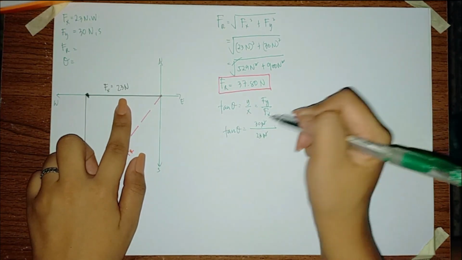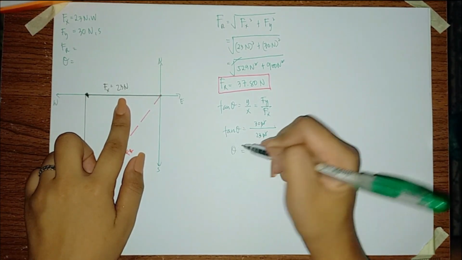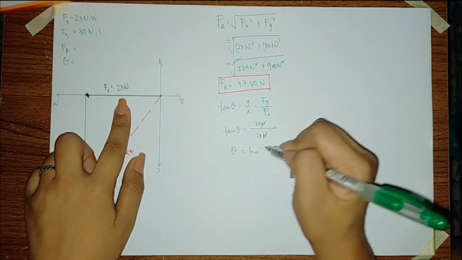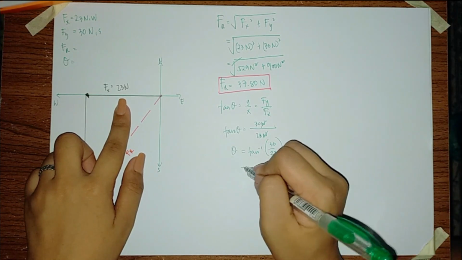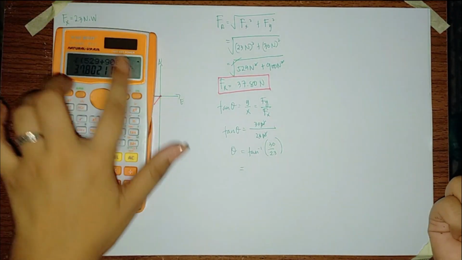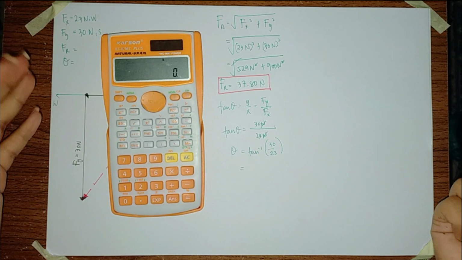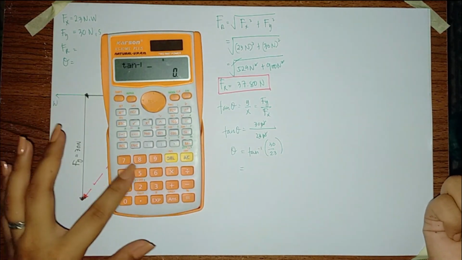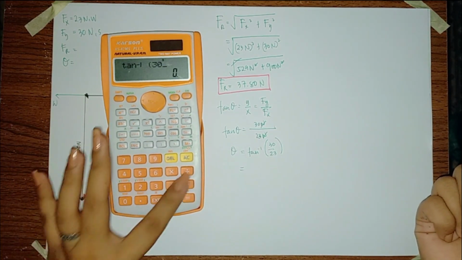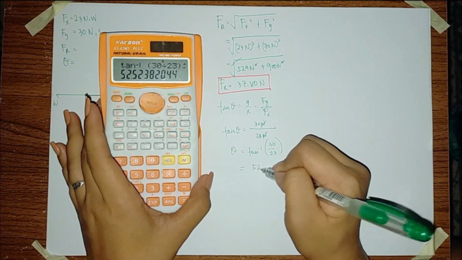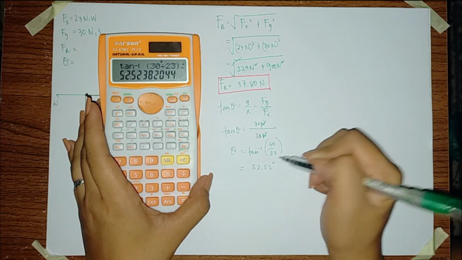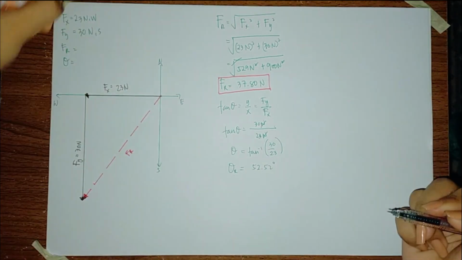Theta is equal to tangent negative 1 of 30 over 23. So, let's encode it in the calculator. 30 divided by 23. There, we have 52.52 degrees. And this is for the reference angle.